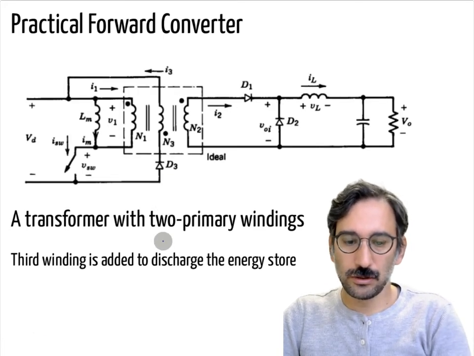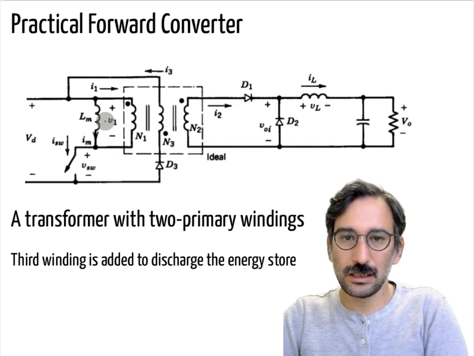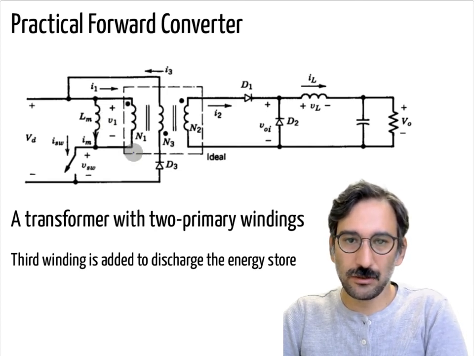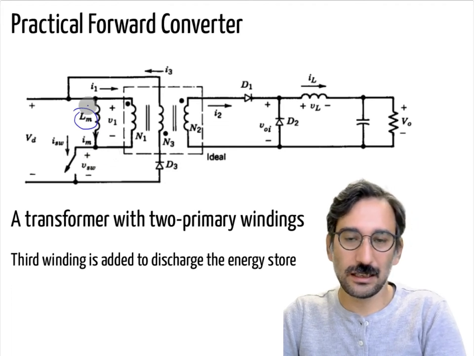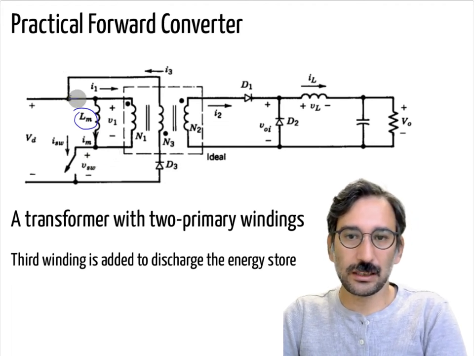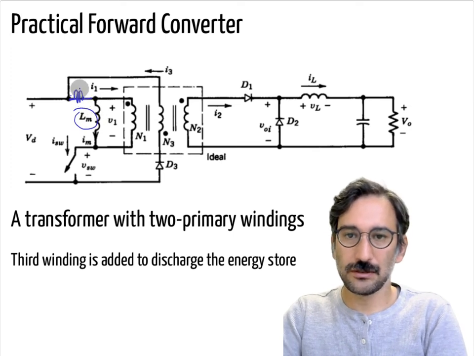Here you see the ideal components. Here you see the same thing, but we have the magnetizing inductance like in a practical transformer, and also, it's not included here, but you have the leakage component as well.